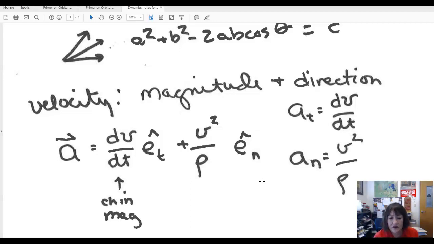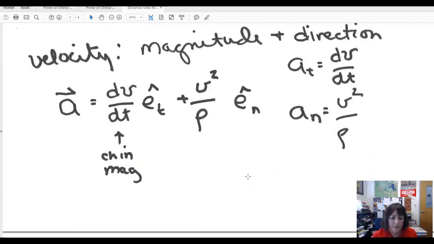Now, another thing to note, and this is what makes tangential normal components really cool, is that this represents all of the rate of change of the magnitude, and this represents all of the rate of change of the direction. So there's a physical split on this quantity, which is sort of interesting.